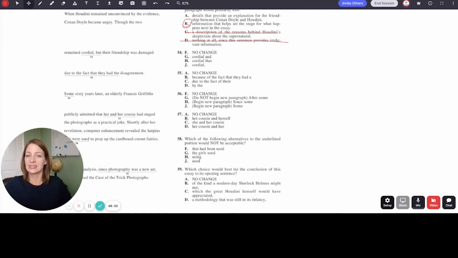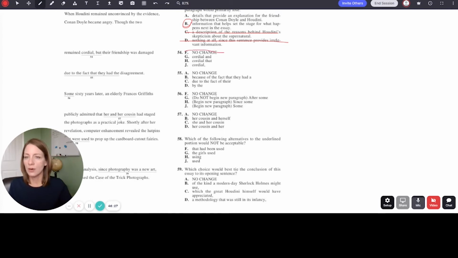54. I see a comma before a FANBOYS conjunction. So that makes me think, okay, if there's a comma before a FANBOYS conjunction, this must be an independent clause. Is that true? "Though the two remained cordial." No, that cannot stand by itself. Nope. So I'm going to mark no change.